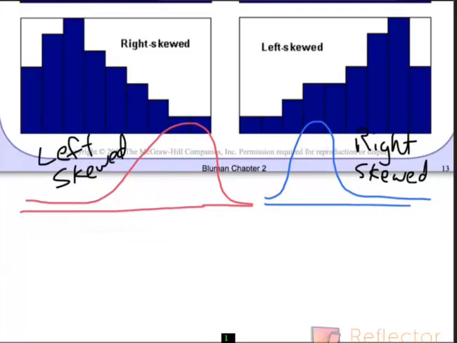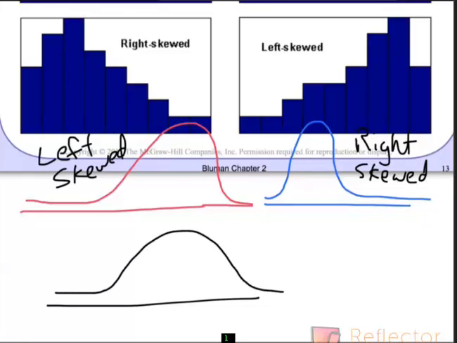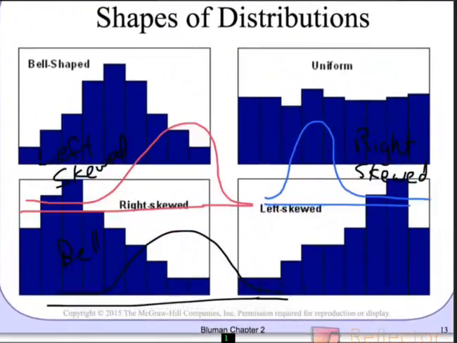Sometimes this one has a little bit of a tail here, a little bit of a tail here, so we would say that this one is a bell shape, okay? So you can see the differences in some of them, but really look at where is the hump and where is my tail. The side with your longest tail is going to be the side that it is skewed to. So you definitely need to know your shapes here.